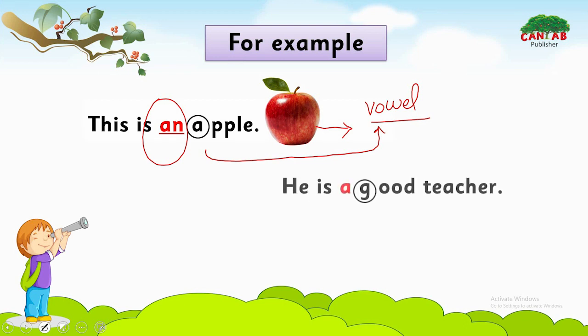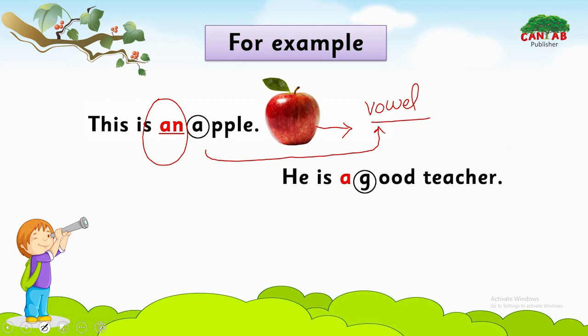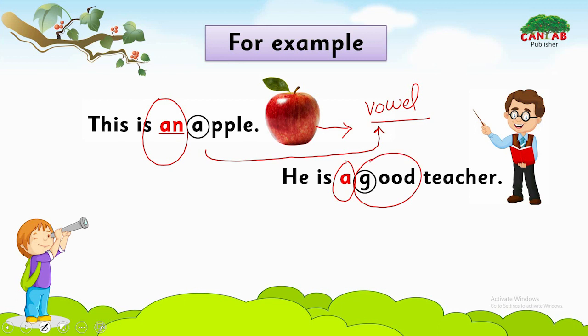The next example is, he is a good teacher. Very simply, you are seeing that a is used, not an. And why? Because the word good starts with G, which is a consonant, so it sounds like a consonant. That is why a is used.